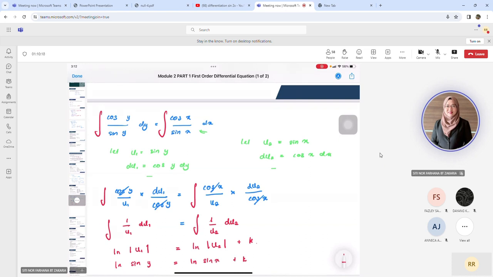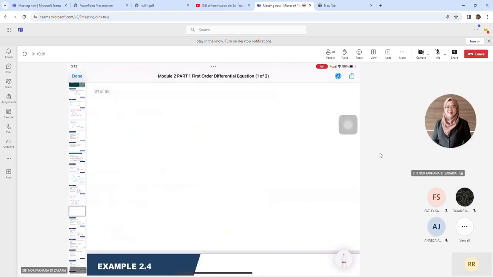Okay, then rearrange that equation. So ln sin y minus ln sin x equals k.